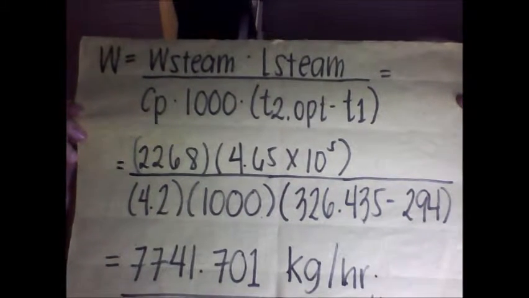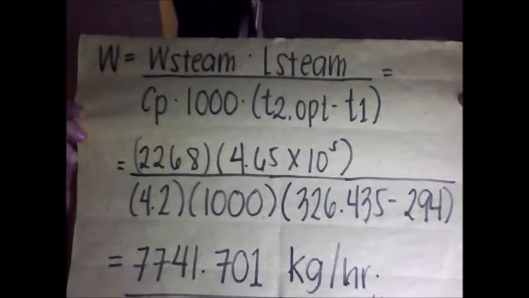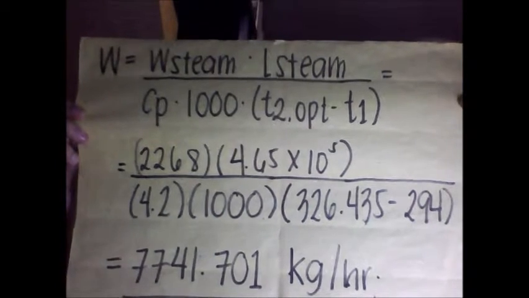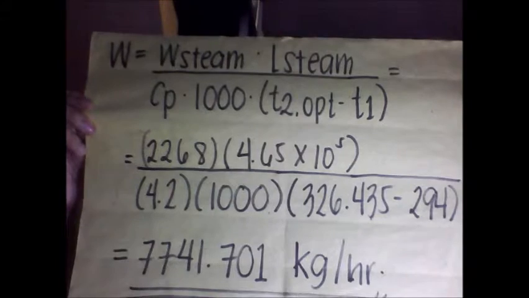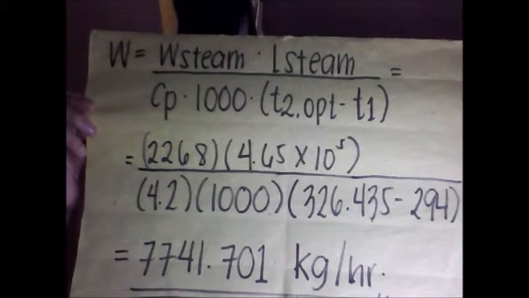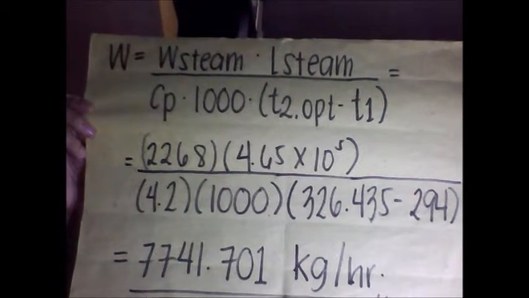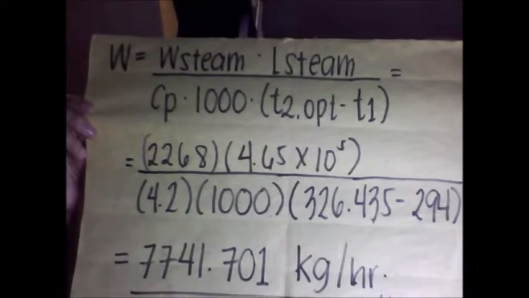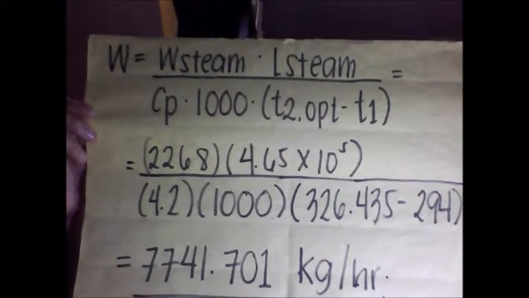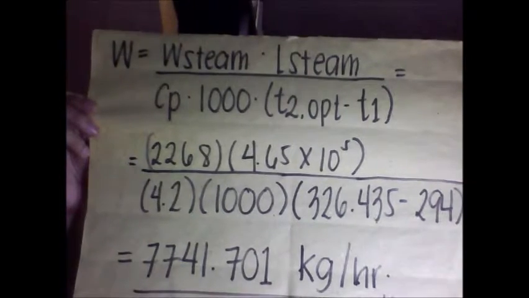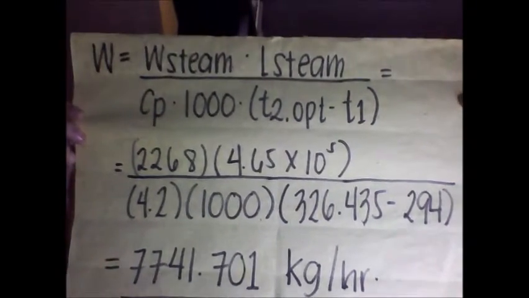Then substituting the values, 2,268 times 4.65 times 10 raised to 5 over 4.2 times 1,000 times quantity 326.35 minus 294. So the mass flow rate of the cooling water is 7,741.701 kilograms per hour.